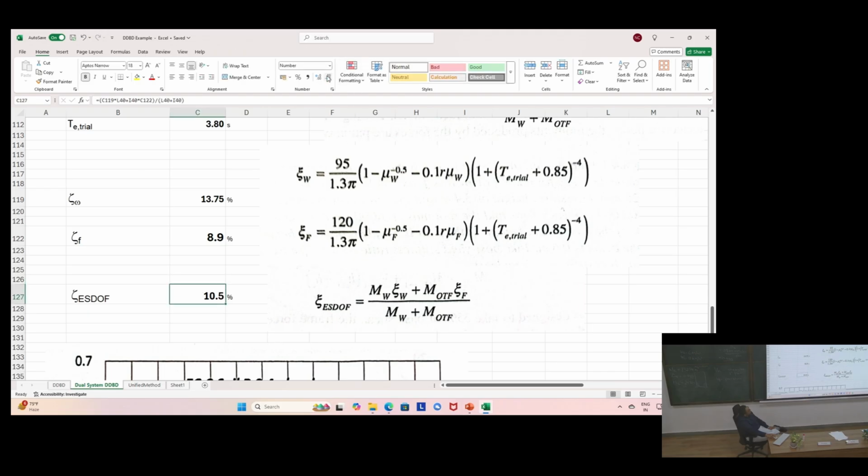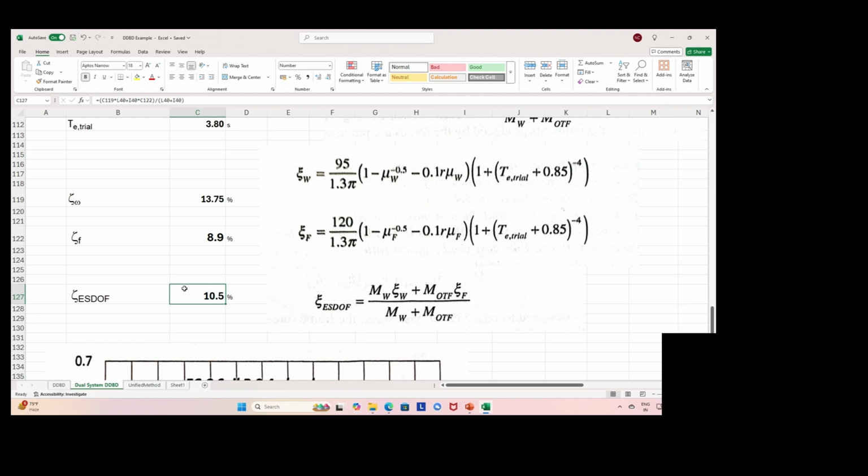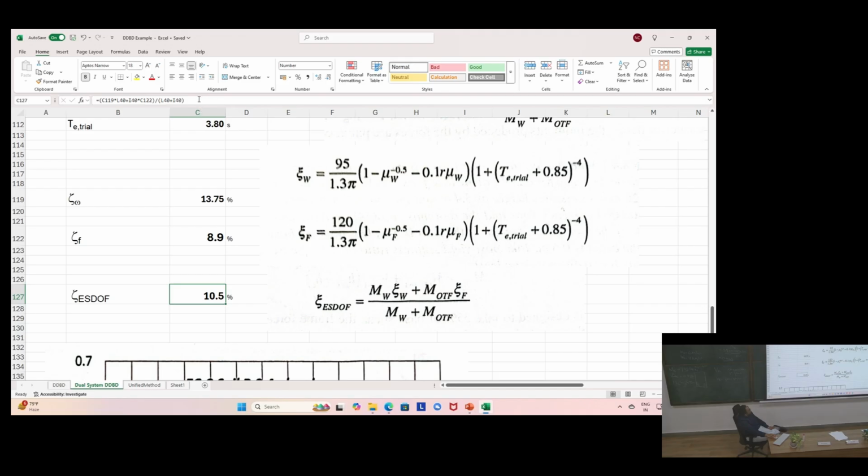I only get 10.5%. So again, xi of wall times moment of wall plus xi of frame times moment of frame.